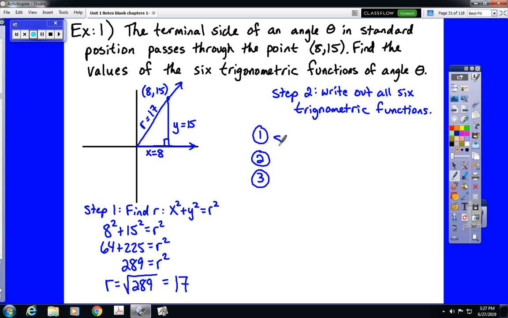We have sine theta, which is y over r. That would be 15 over 17. Cosine theta is x over r. That is 8 over 17. Tangent of theta is y over x. That is 15 over 8.